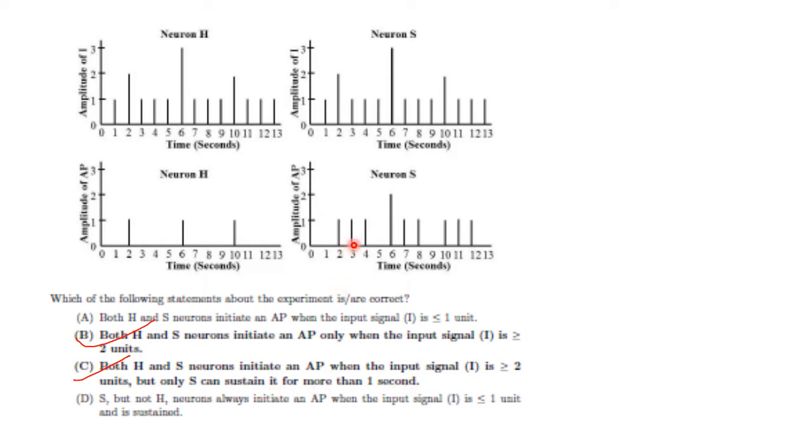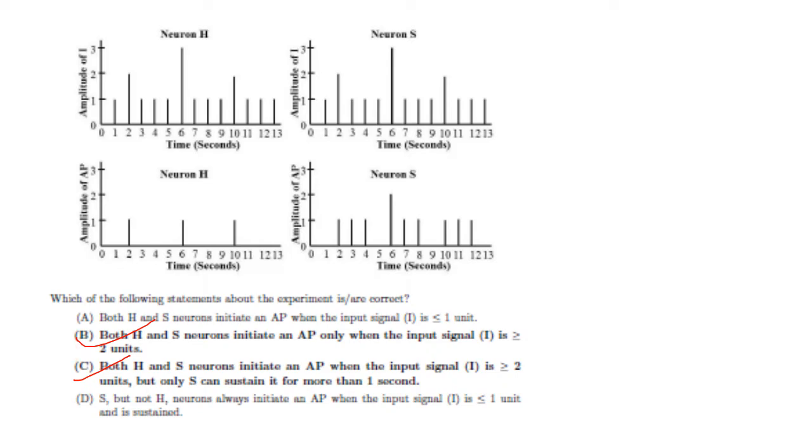This sustaining of the signal by S is shown by the signals at 3, 4, 7, 8, 11, 12 in the case of this graph for neuron S. So S is able to sustain the amplitude of action potential for more than 1 second. Okay, so the answer is option B and C.